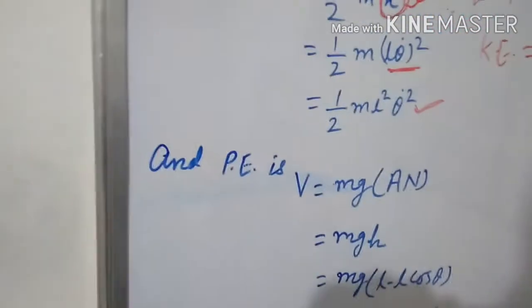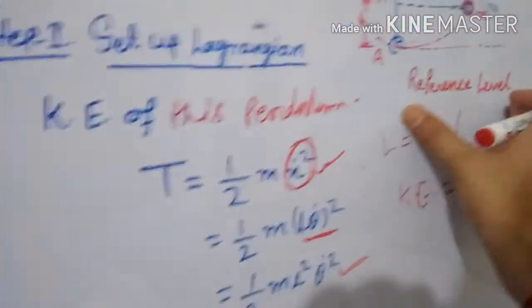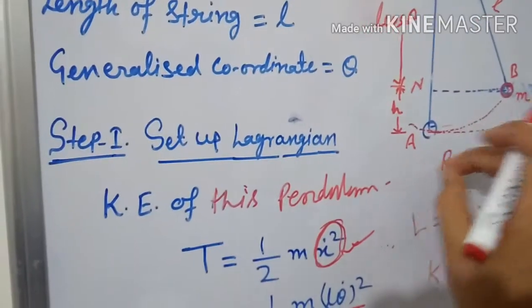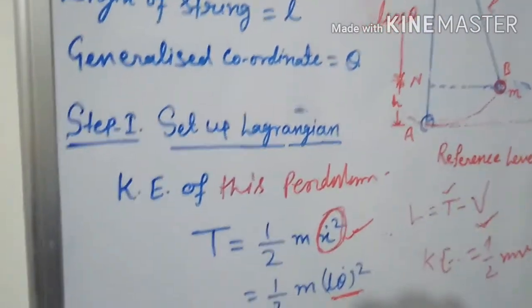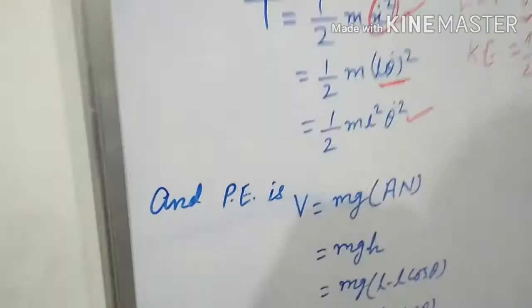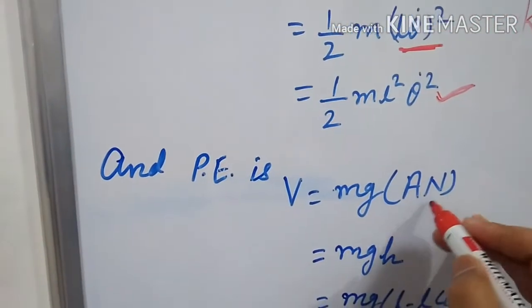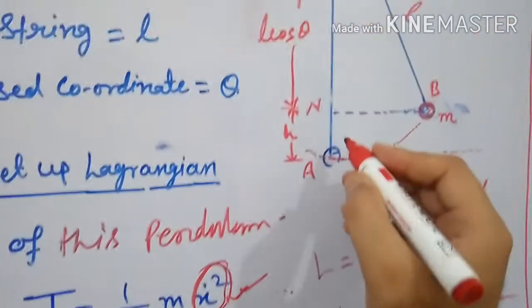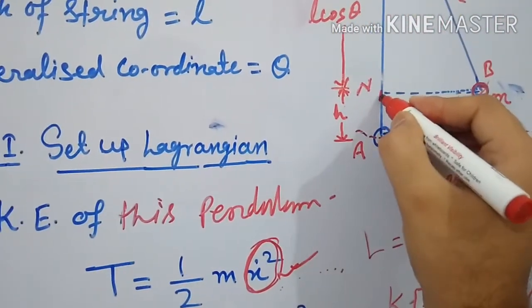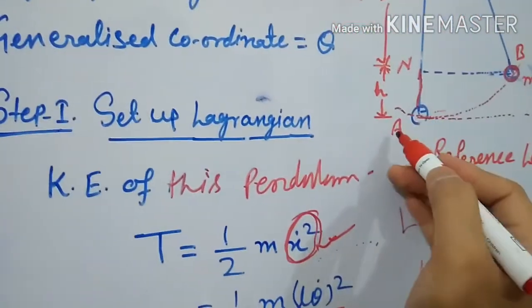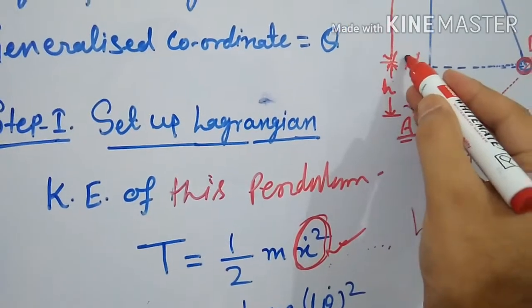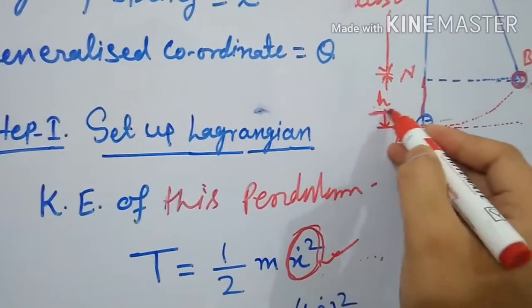Also, since reference level is set at 0, potential energy is given by V equal to mg into h.